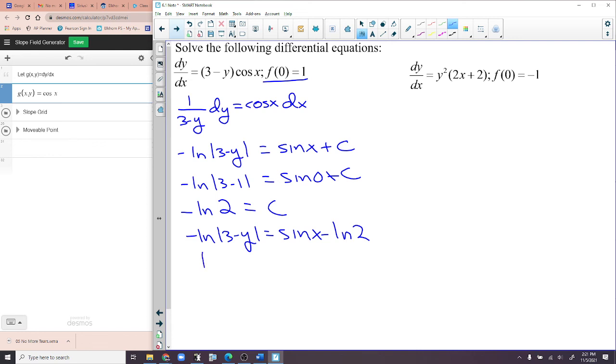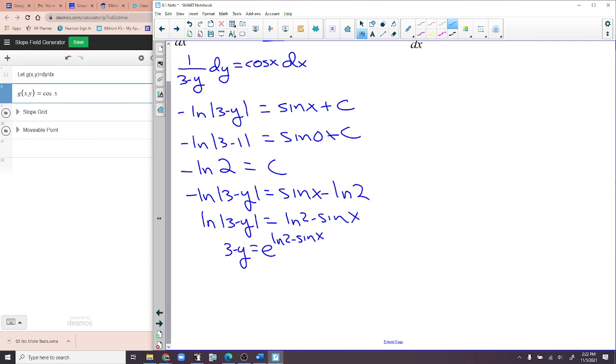Multiply everything by -1. I'm trying to get y by itself. 3 minus y is equal to e to the natural log of 2 minus sine of x. Logs always equal the exponent. So all that junk is the exponent. How about this? 3 minus y is equal to 2 times e to the negative sine of x.